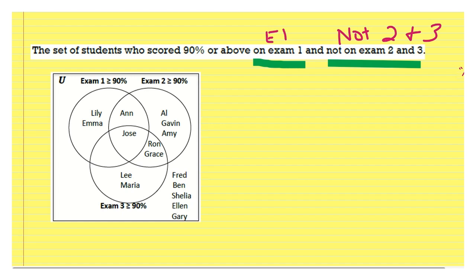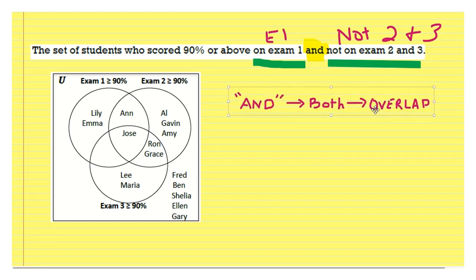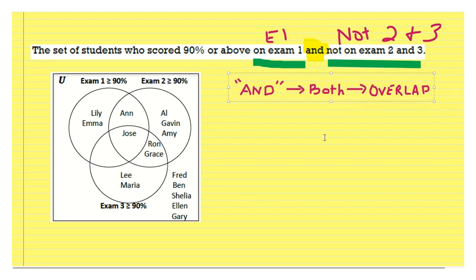But the other word that we need to pay attention to is the word and. That word and is uber critical to understanding how to find the set of students. The word and means both, or an overlap. So now that we've reminded ourselves what and means, it's going to be an overlap area.